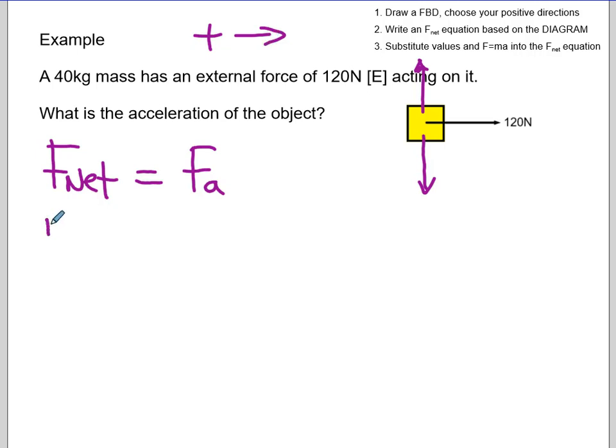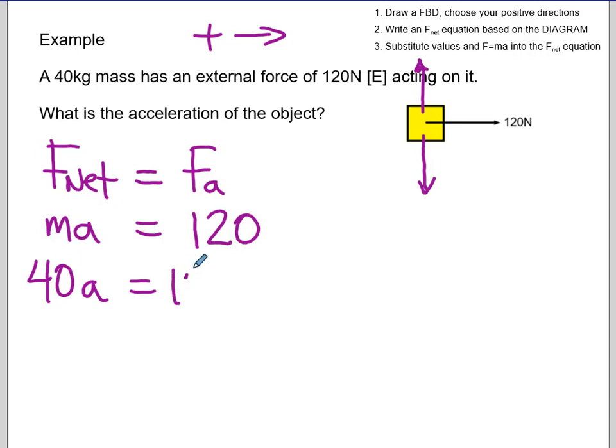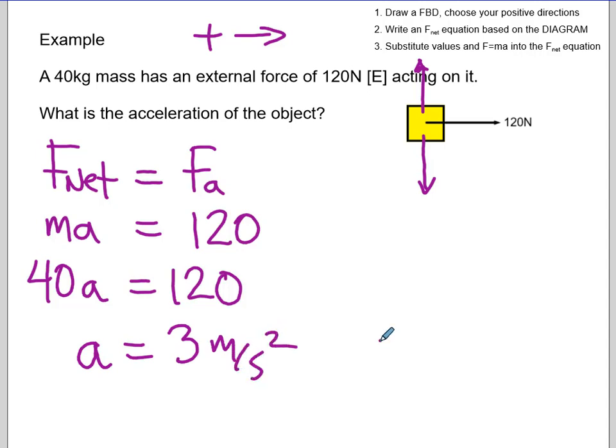If I replace F-net with mass times acceleration and Fa with 120 newtons, I'm on my way to solving for the acceleration. The mass of this box is 40 kilograms, so I can substitute that in. And when I solve for a, I end up with 3 meters per second squared. That's the acceleration of the yellow box due to the 120 Newton force.